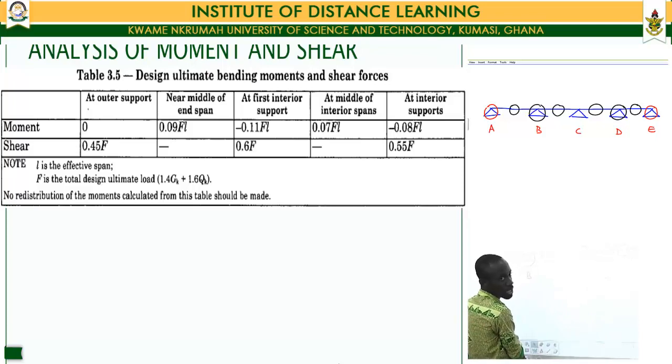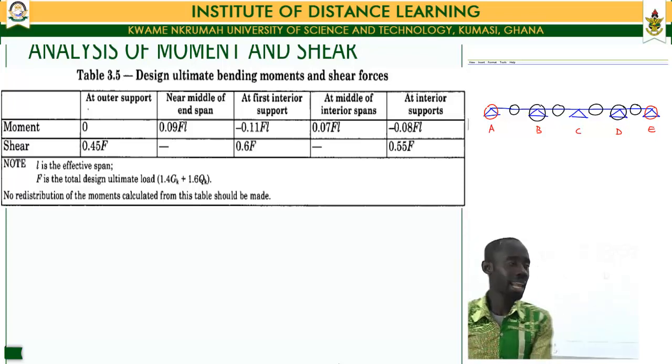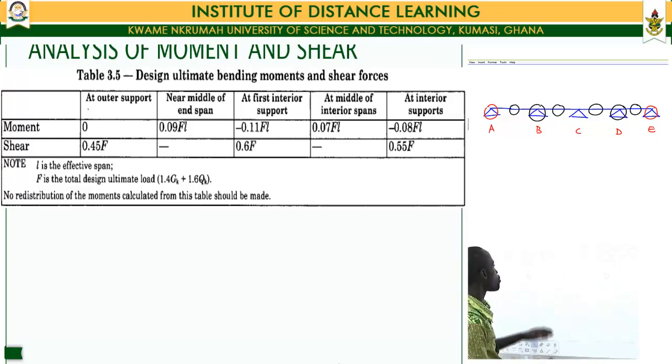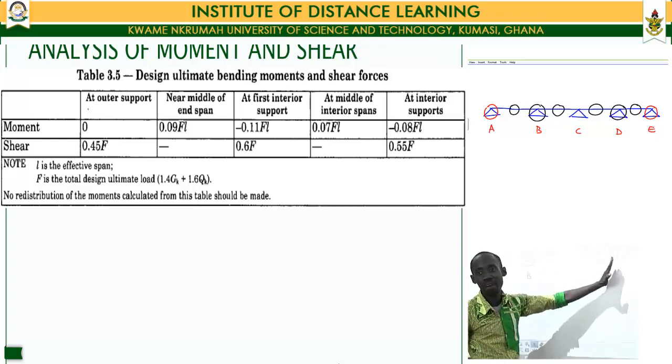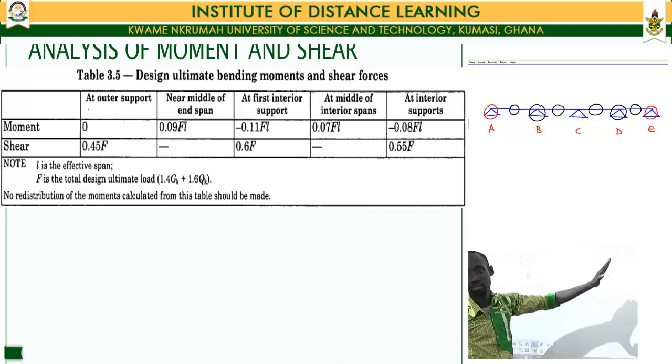And last but not least is the at interior support, which is our last column. This makes reference to any support that is located in between our first interior supports.